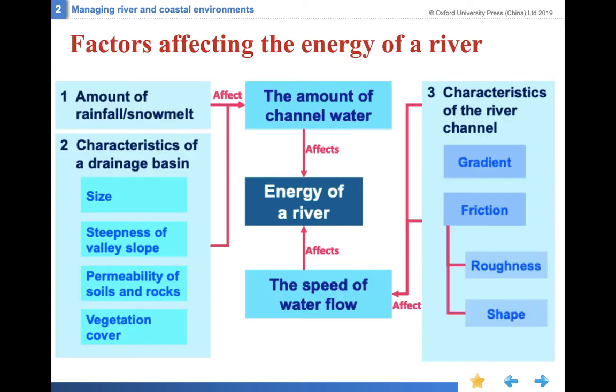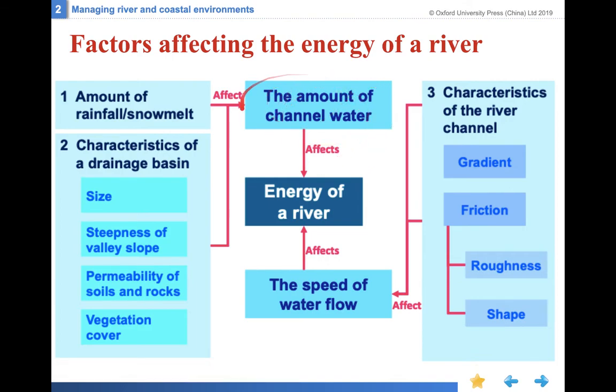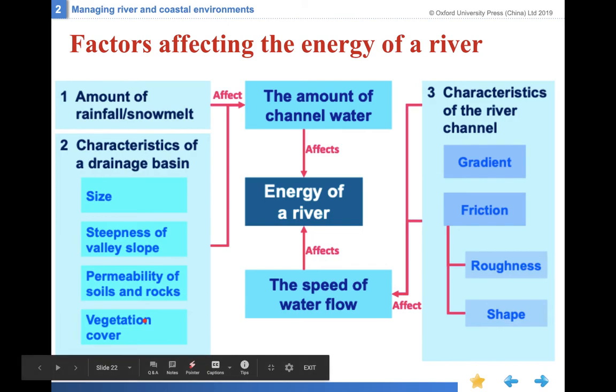So here, let's do a very quick summary about the factors affecting the energy of the river that we just mentioned. So first of all, the amount of the water in the channel could be affected by the amount of rainfall, the snow melt, and also the characteristics of the drainage basin, like the size, the steepness, the permeability, and the vegetation cover.